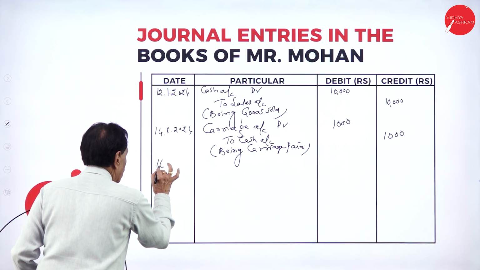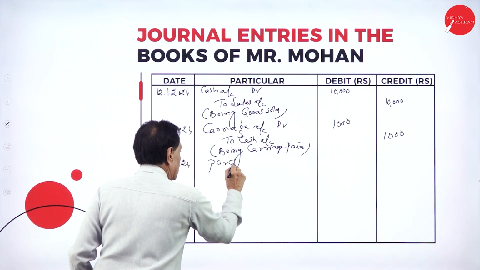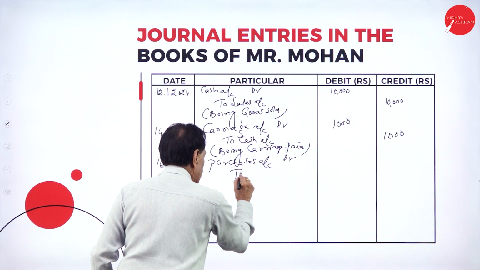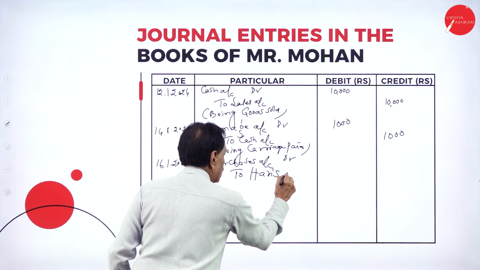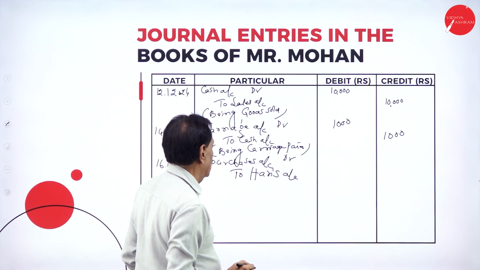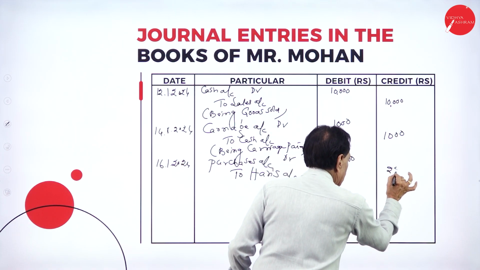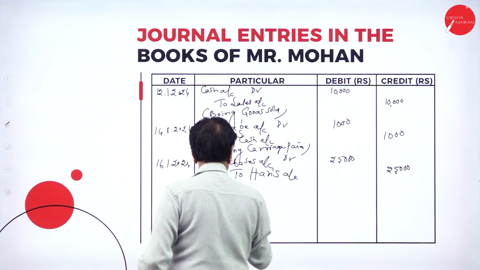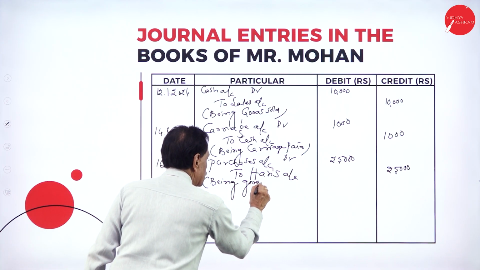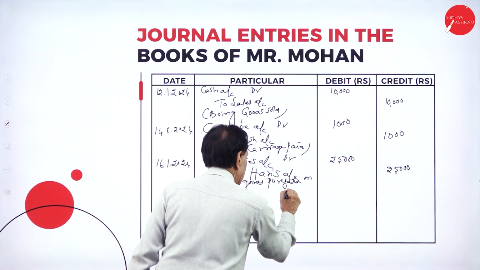On the 16th, purchases account debtor, to Hari's account, 25,000. Being goods purchased on credit.